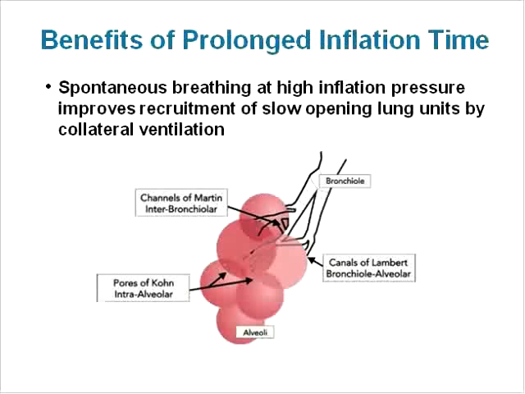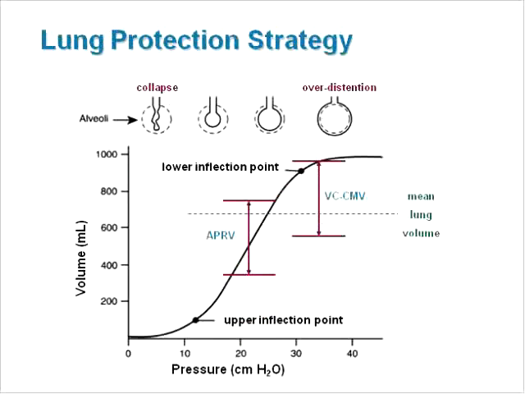The use of longer inflation times promotes collateral ventilation among these units with different time constants through the canals of Lambert, the pores of Kohn, and the channels of Martin. Thus, the longer the inflation time, the greater the lung area potentially available for gas exchange. This mechanism may be responsible for the improved oxygenation observed in some APRV studies.